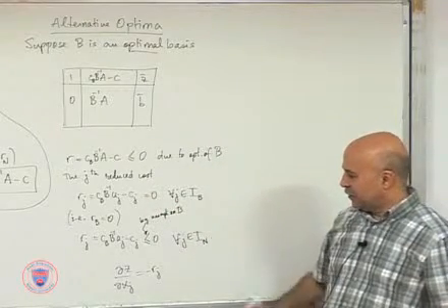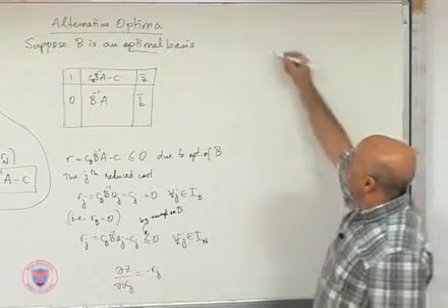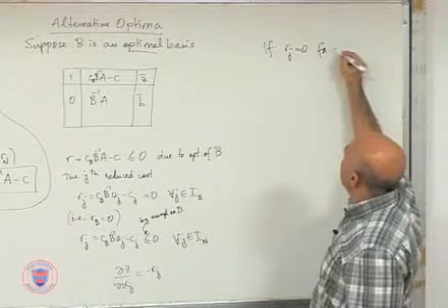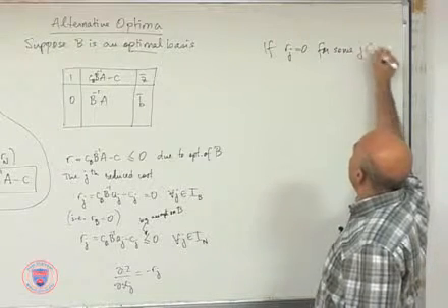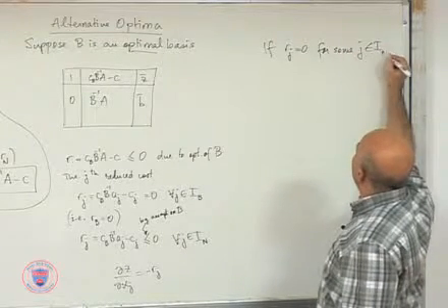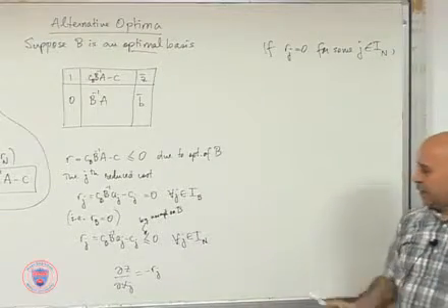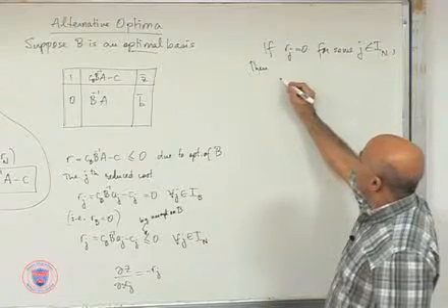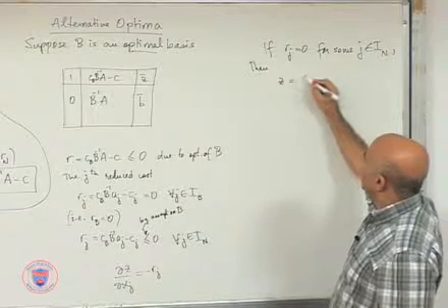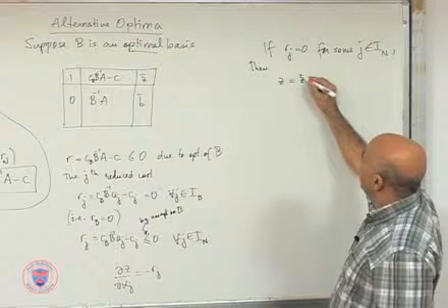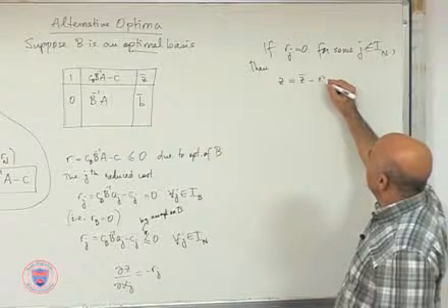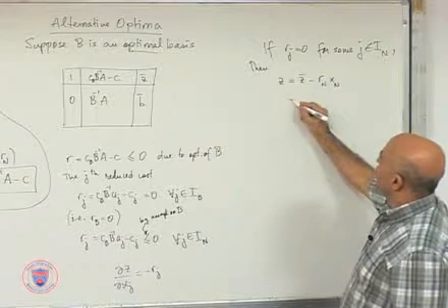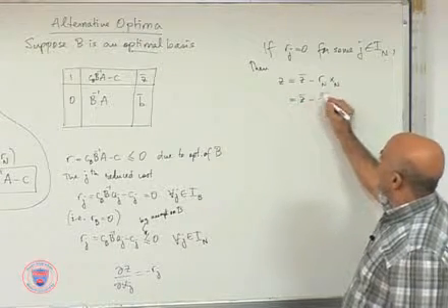Now, however, if Rj equals 0 for some j in the non-basic part, then the rate of change is 0. Then z is defined by the current value minus Rn xn, which is equal to z bar minus the summation.